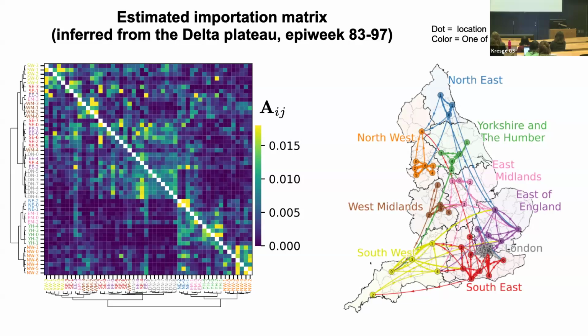And so by creating our own subdivision into 50 demes, we end up with these centroids here, these nodes in England. Each row and each column corresponds to one of these 50 demes. And then we get this importation matrix lambda ij.